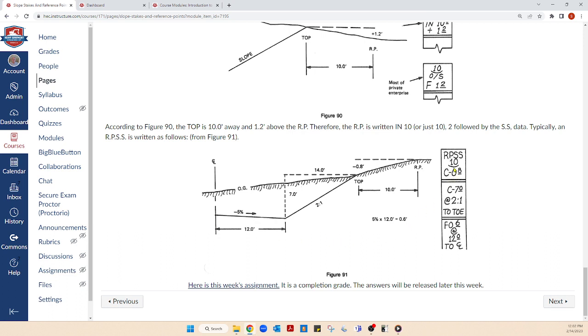Once again, this told us where to put our top, and then it told us where to put our toe. Cut 7 at 2 to 1, put it right here. And after you do that, I want you to fill 6/10 over 12 feet. That gives me a 5% rise up to the center line, which gives me the cross slope I need to keep the water off the road. Okay. Not very complicated.